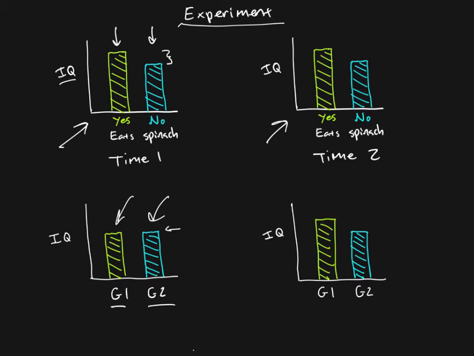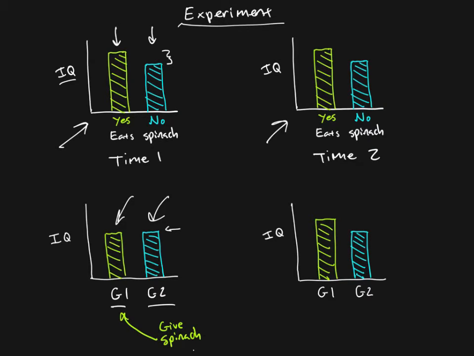Then what we're going to do is we're going to deliberately manipulate one of the variables. In this case, we're going to give group 1 spinach. We actively increase the level of spinach that they consume. Maybe they already ate some spinach, maybe they didn't. We're going to make sure now that they eat more spinach than the other group.